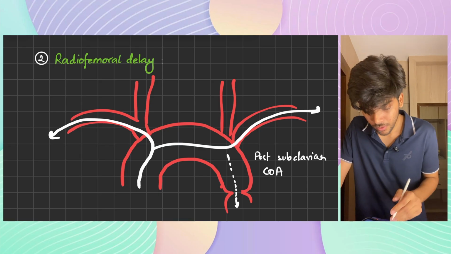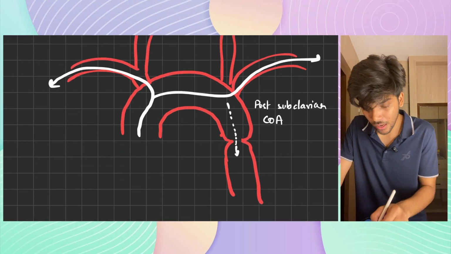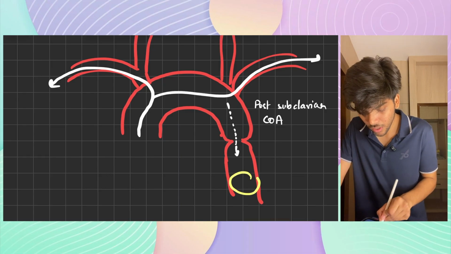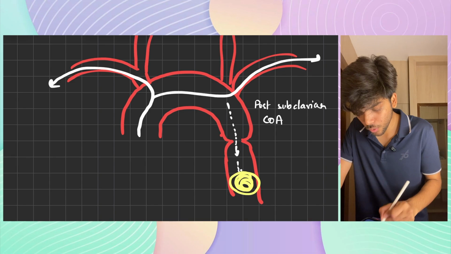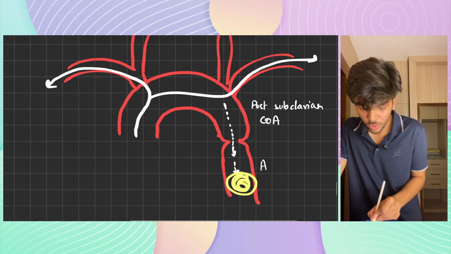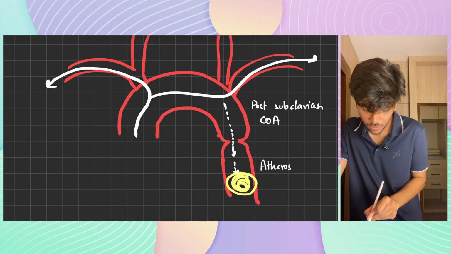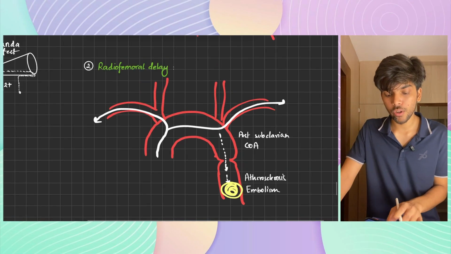Another cause could be if within the descending aorta there is some sort of blockage, then there is obstruction to the flow of blood, and this blockage could be either in the form of atherosclerosis or embolism or tumor from outside, whatever, and that will lead to radiofemoral delay.